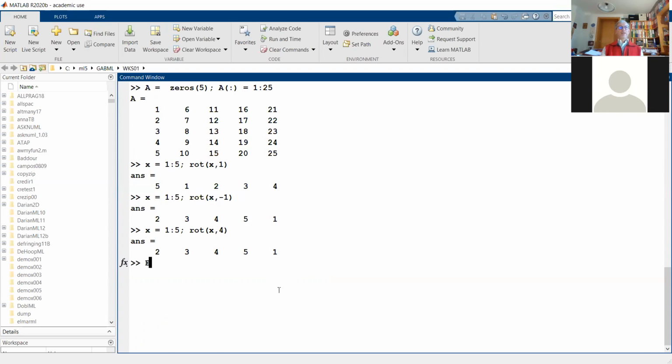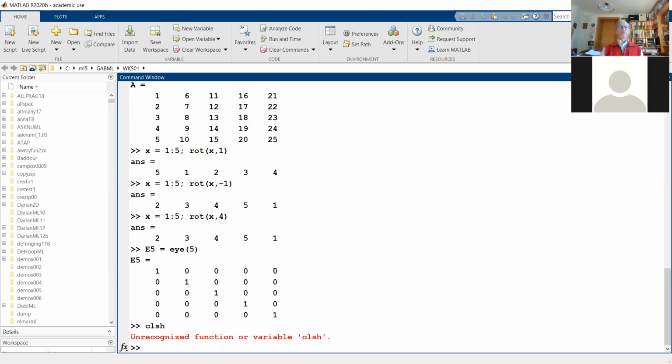Now, E5 would be the unit matrix of size 5. And if you apply this unit matrix, I'm not sure, I don't see my last line here.